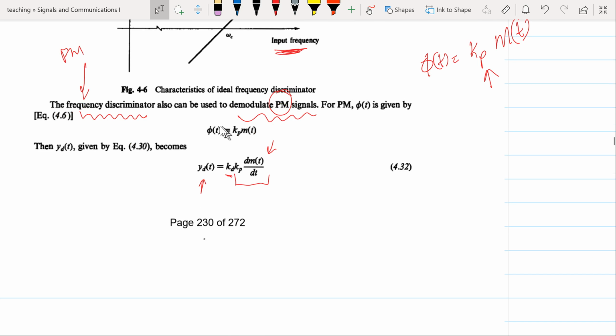Since we defined phi of t to be this, differentiating both sides with respect to time gives k_p dm(t)/dt. This is now the output from the frequency discriminator, which relates the phase of a PM modulated signal to the message that was sent.